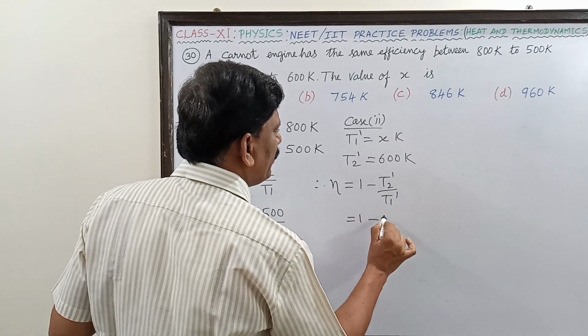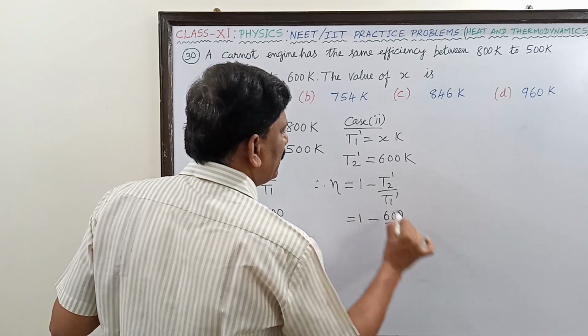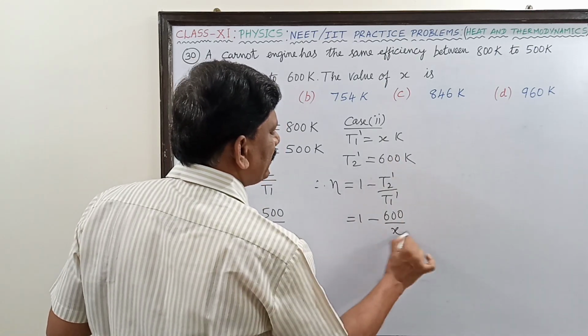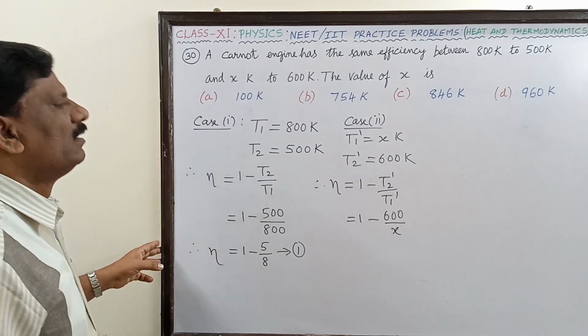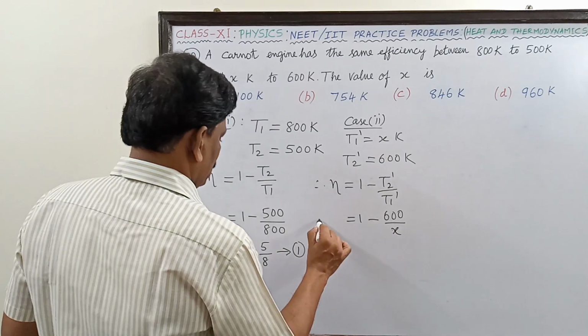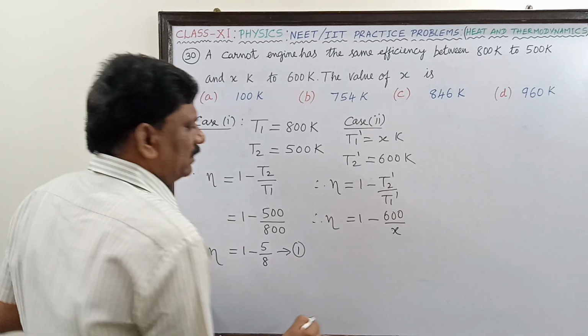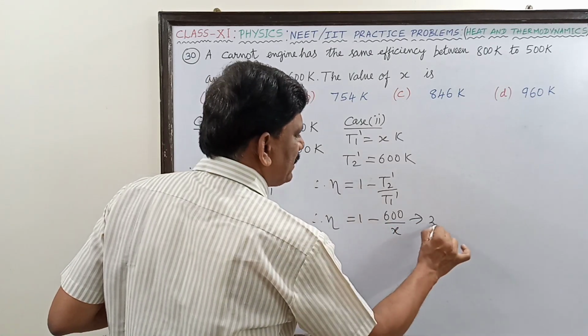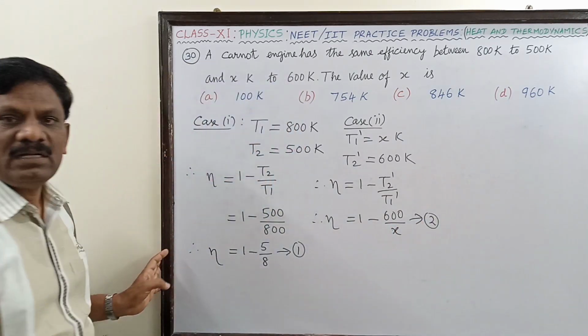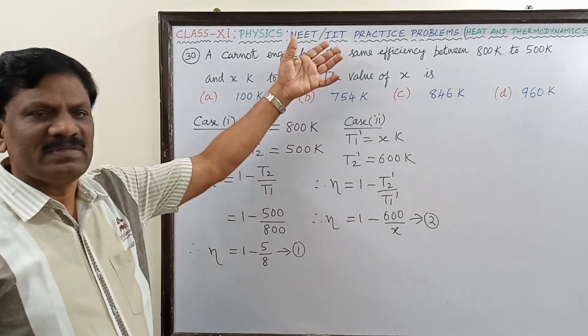This is equal to 1 minus 600 divided by x. Therefore, eta is equal to 1 minus 600 by x.